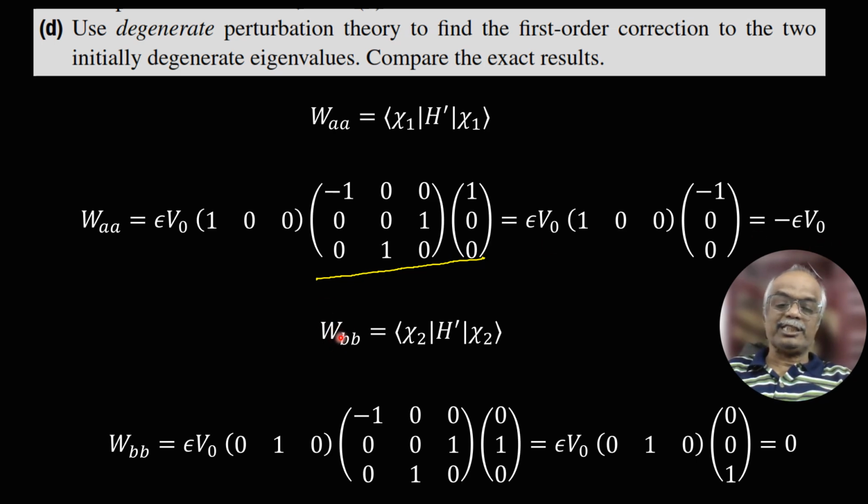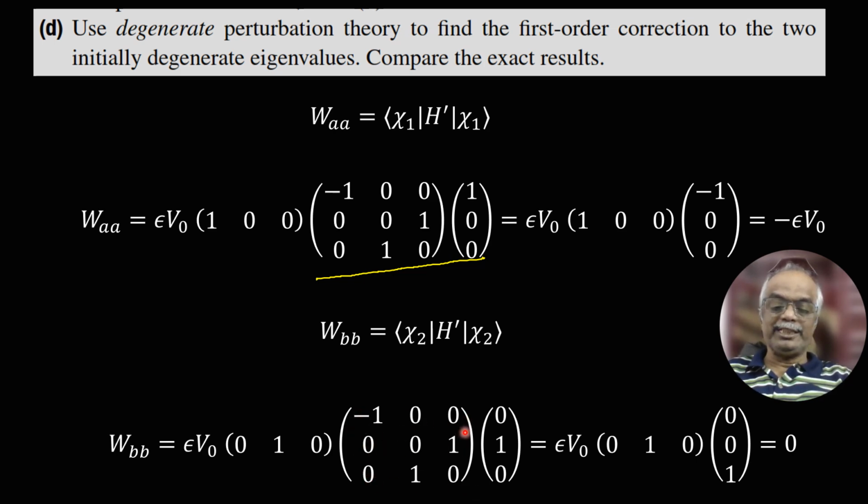Then similarly, what is WPP? This is related to bra chi2 H prime ket chi2. So this is WPP. We have seen it in detail in the degenerate perturbation theory. So bra chi2 is the row matrix 0 1 0, and ket chi2 is the column matrix 0 1 0, and this is the H prime perturbed Hamiltonian matrix, epsilon v naught times minus 1 0 0, 0 0 1, 0 1 0.